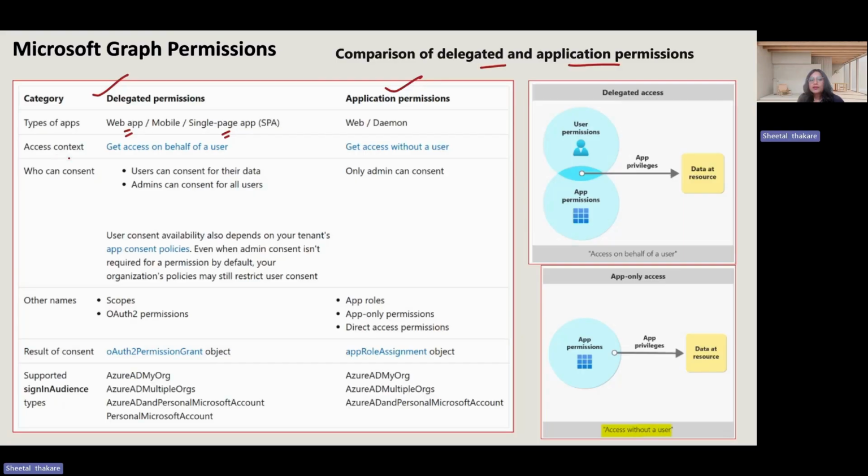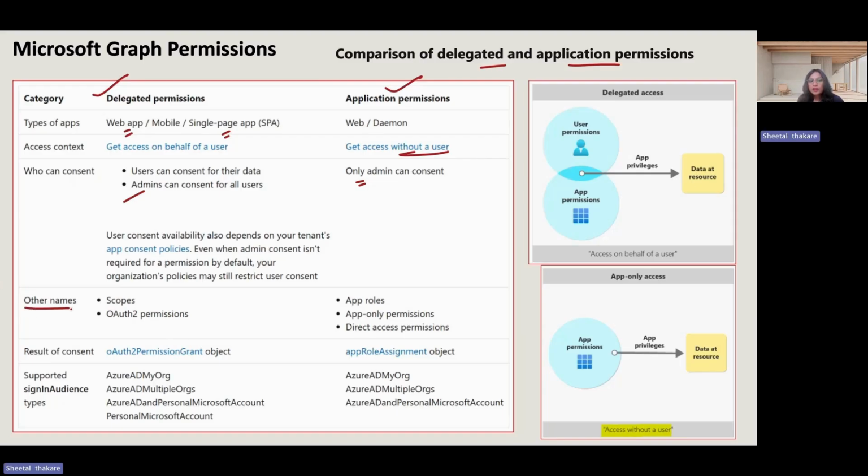What is the access context? Get access on behalf of user for the delegated, whereas get access without user for the application. Who can consent? In delegated permissions, user can consent for their data or even admins can consent for all the users. Whereas in case of application permissions, only admin can consent.